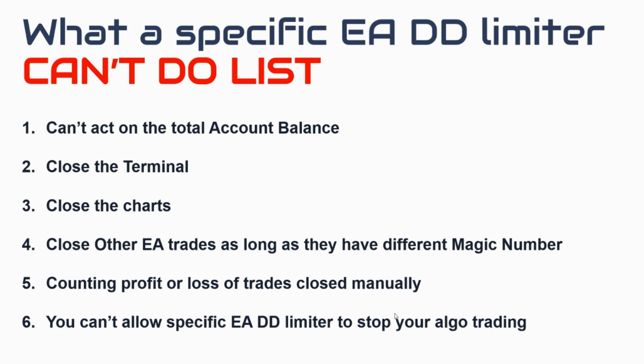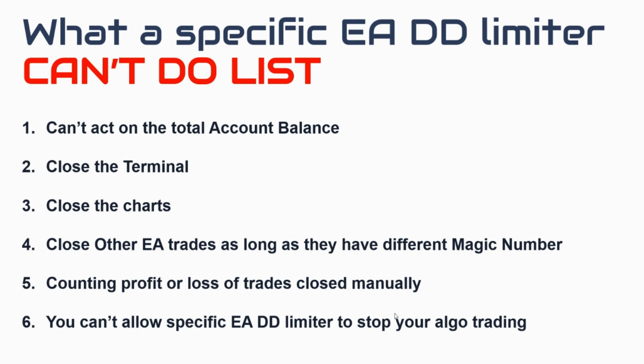You need to pay attention in the MT5 version that if you close manually a trade that has been taken by an EA, it will not be counted inside the profit or loss of this EA. Because in MT4, you have what we call orders, and it's an order that is open and it's the same order that is closed. So it has a magic number attached to it since the beginning.